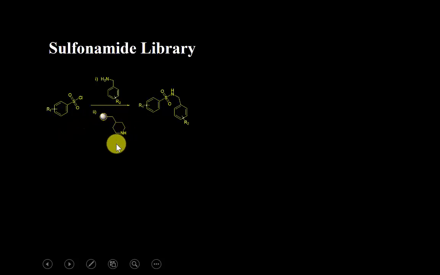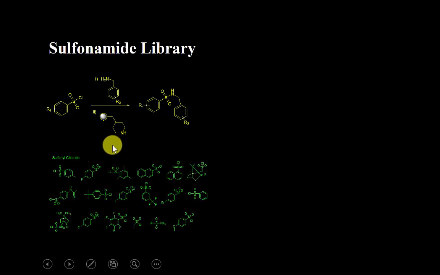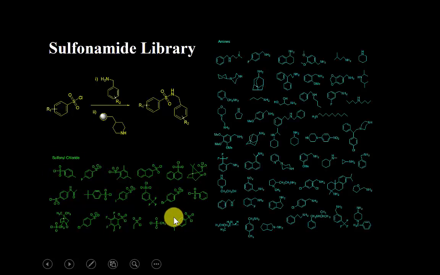In this case, this reagent only has a scavenging role. So in this case, you can utilize, let's say, 20 different sulfonyl chlorides and maybe 50 different amine groups. Then you can easily build up maybe 1,000 sulfonamide libraries. Sulfonamide is, as I said, a key functional group for drug compounds and a good source of biological materials.